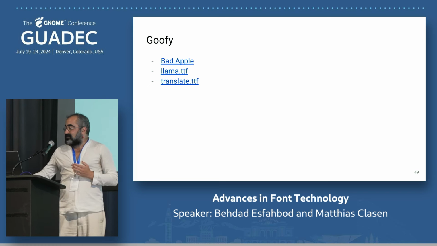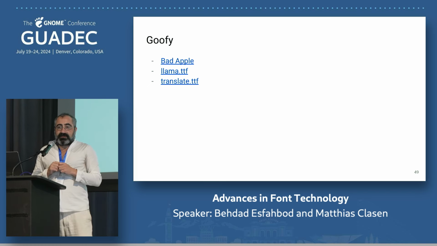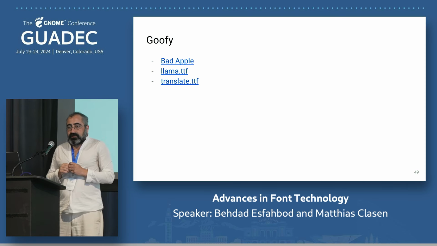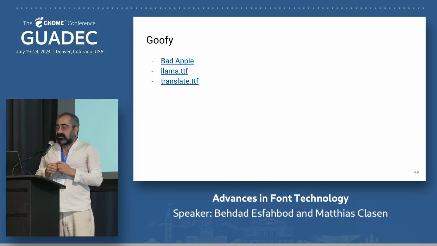There's also three examples that people made out of this technology. So I implemented this WASM shaper in HarfBuzz, and the WASM runtime I'm using doesn't have a budget limit, like a time limit of CPU, so it's not a production-ready solution.